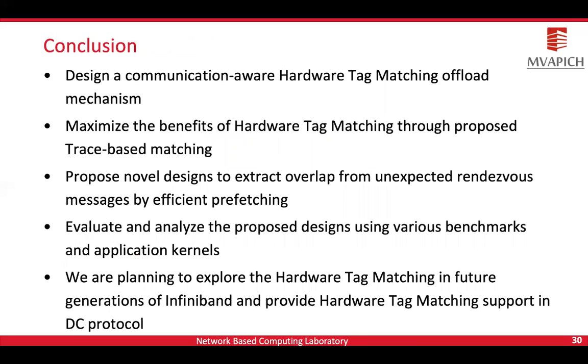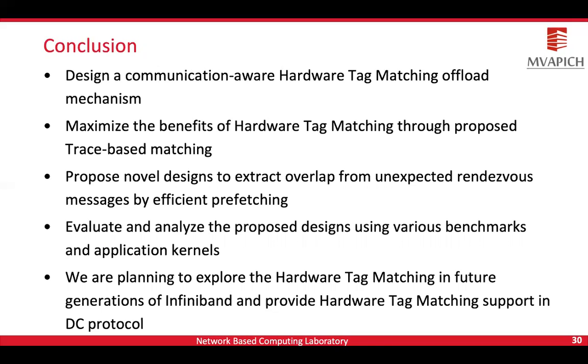So in this research, we have designed a communication offload hardware tag matching mechanism, and we have proposed three different designs. We have increased the resource utilization of the hardware tag matching through trace-based matching.